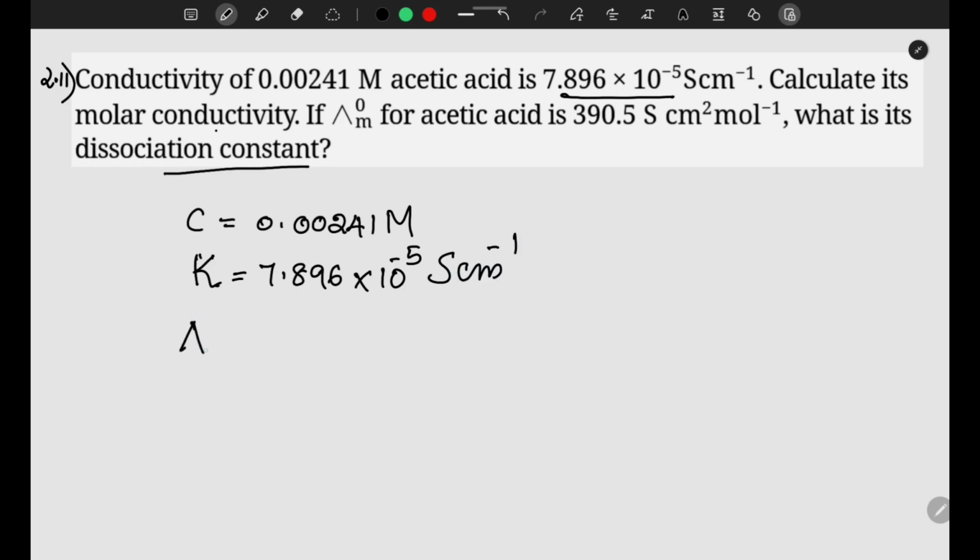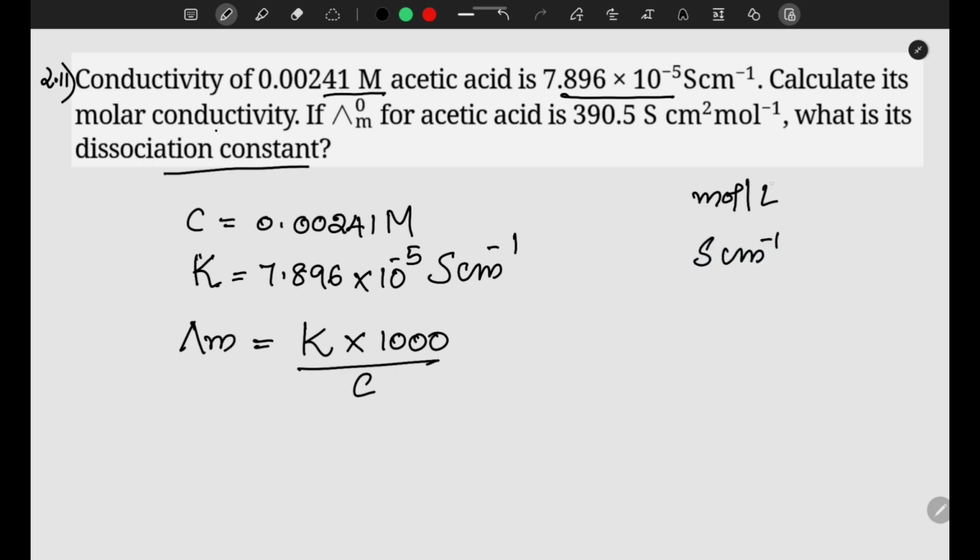Then molar conductivity lambda m is equal to K into 1000 by C. Here we are using 1000 because the concentration unit is molar, that is mole per liter, but the conductivity unit is Siemens centimeter inverse. So we are converting liter into cubic centimeter. 1 liter is equal to 1000 cubic centimeter.